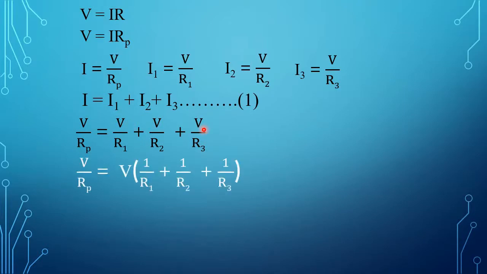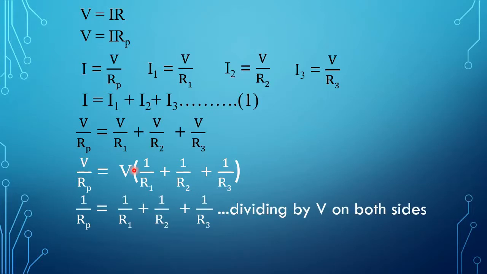So we get V upon Rp equal to V into bracket 1 upon R1 plus 1 upon R2 plus 1 upon R3. Now, let us divide both the sides by V. So, we get 1 upon Rp equal to 1 upon R1 plus 1 upon R2 plus 1 upon R3.